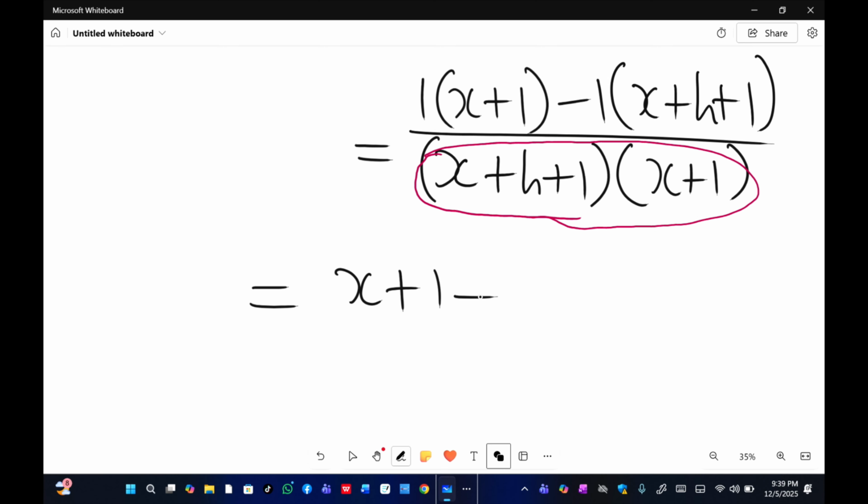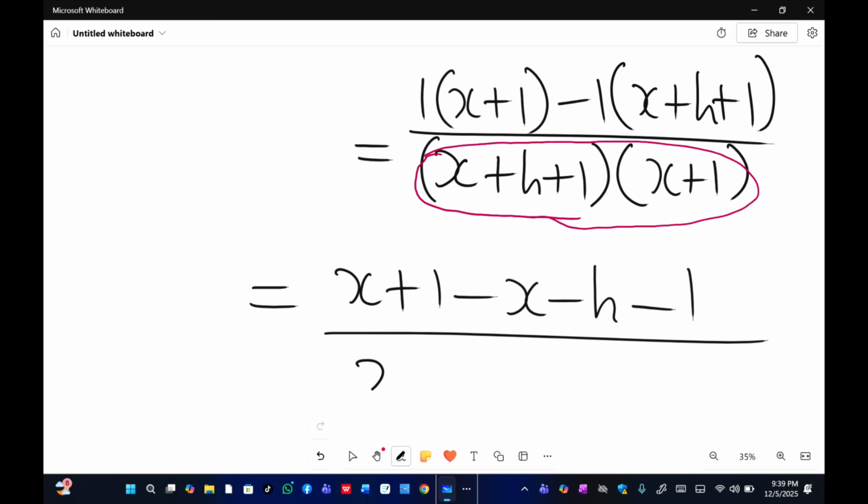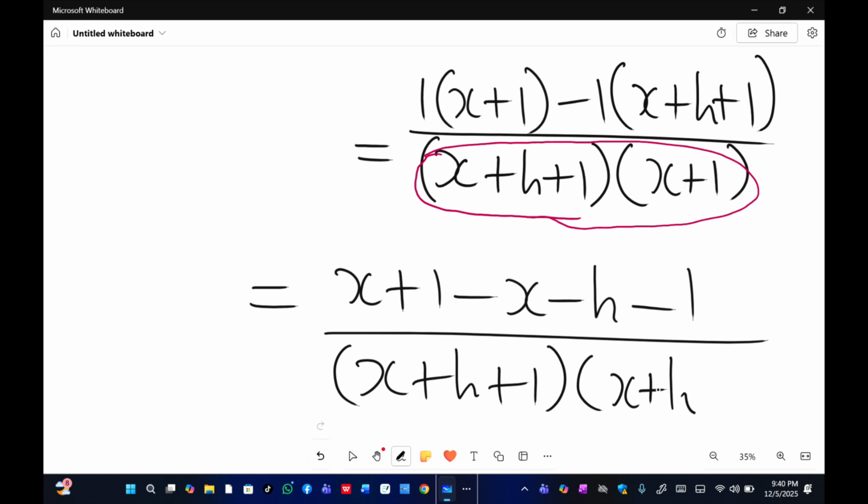The -1 times x will be a negative x. -1 times h will give us negative h. And -1 times +1 will give us -1. All divided by x plus h plus 1 in one bracket, multiplying x plus 1 in the other bracket.